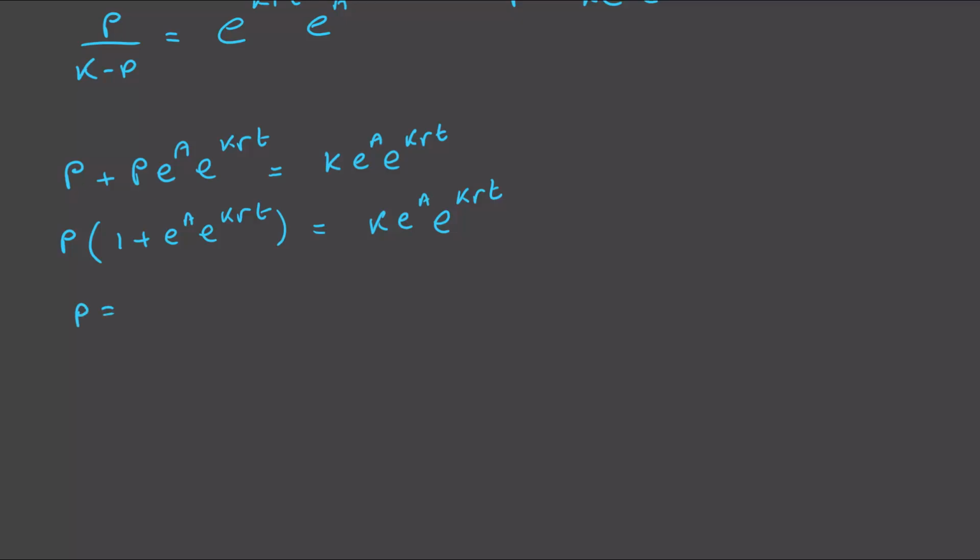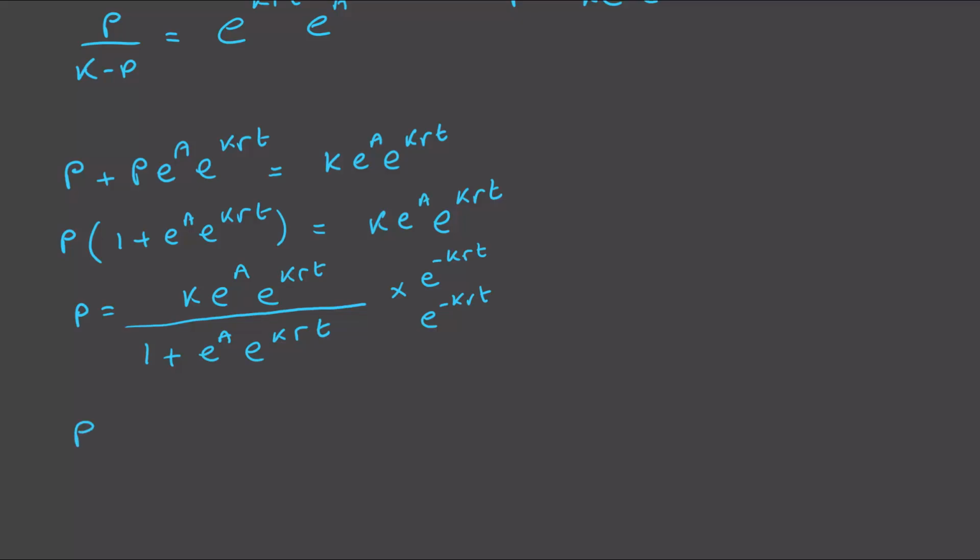And therefore p is equal to k e to the a e to the krt all over 1 plus e to the a e to the krt. Now one of the things we do to simplify at this point is multiply top and bottom by e to the negative krt.